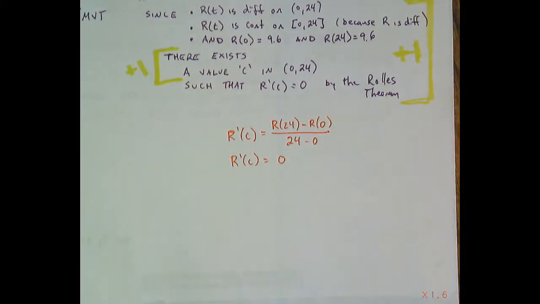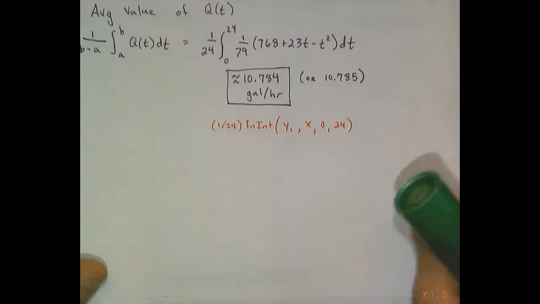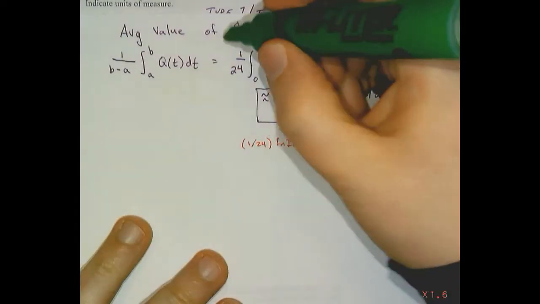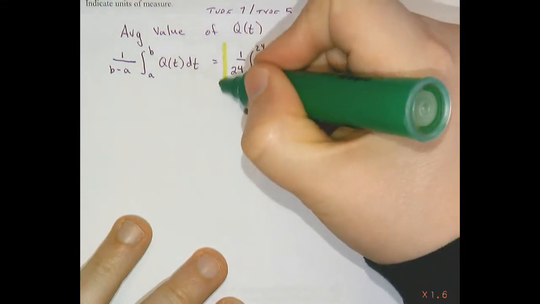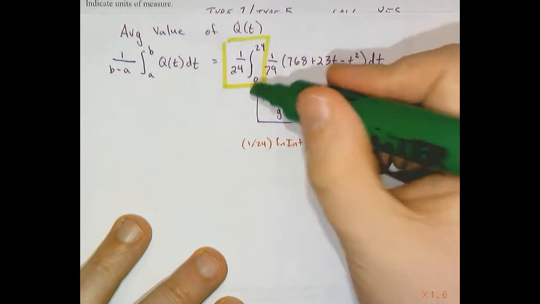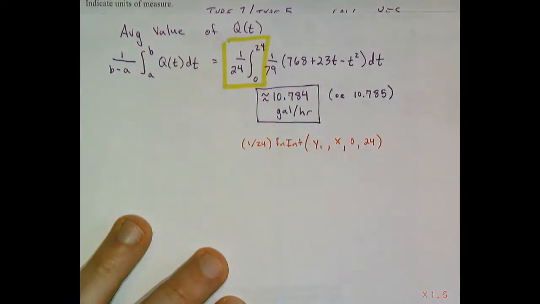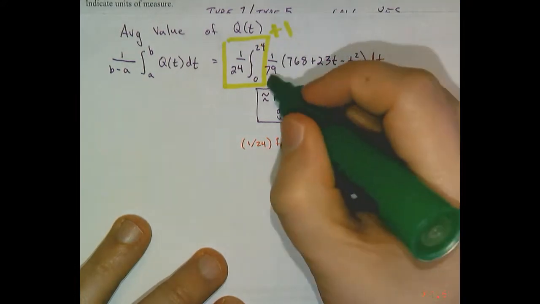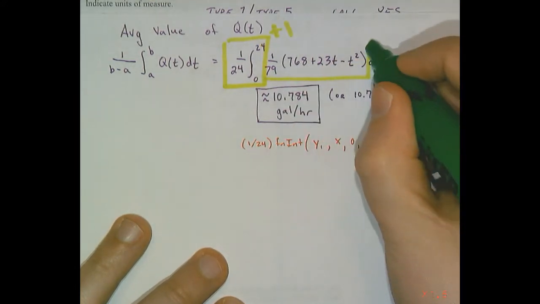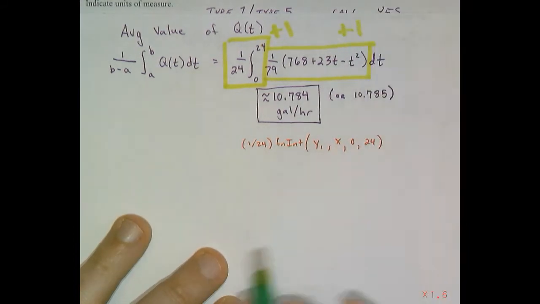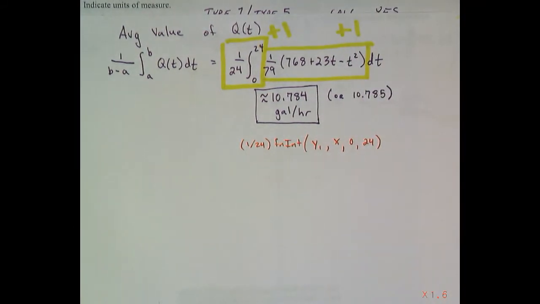And then finally, part C, also worth 3 points. This first point comes from, did you have the constant multiplier and the boundaries of 0 to 24? That's your first point. Your second point comes from, did you have the integrand? So did you know what function you were taking the average value of?